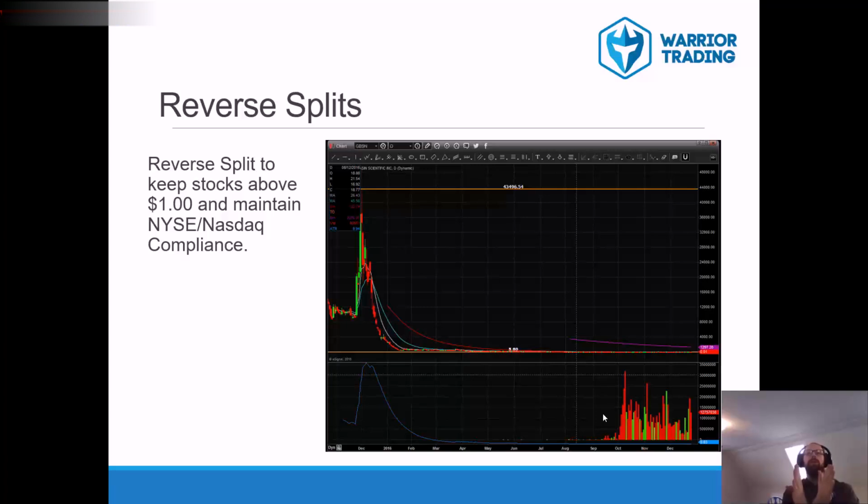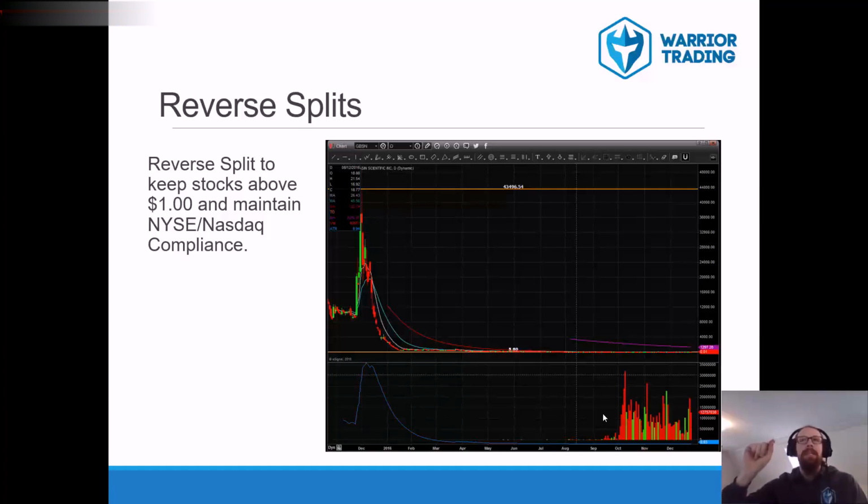For example, if a stock is trading at 50 cents and you're holding 10,000 shares and they do the 10-to-1 reverse split, the next day you'll be holding 1,000 shares at $5 a share. So they've just done a conversion. They've reduced the number of shares in exchange for increasing the price. It's a trade, and you don't make or lose any money when they do a reverse split.